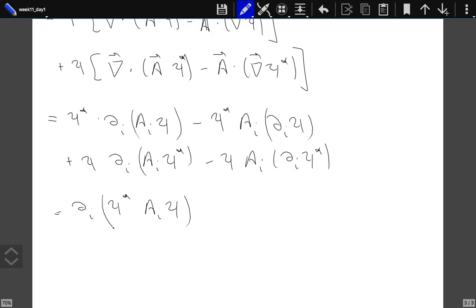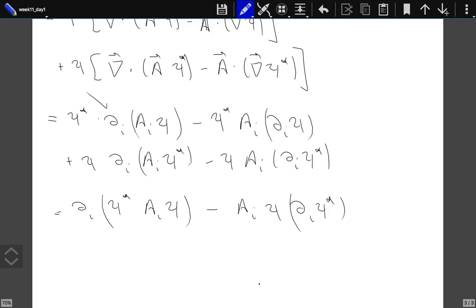Now let's see what this derivative contains. This derivative will contain psi star times del i of A_i psi, that is the first term, which I already wrote down.